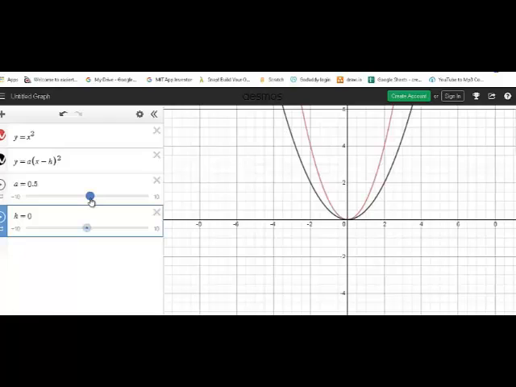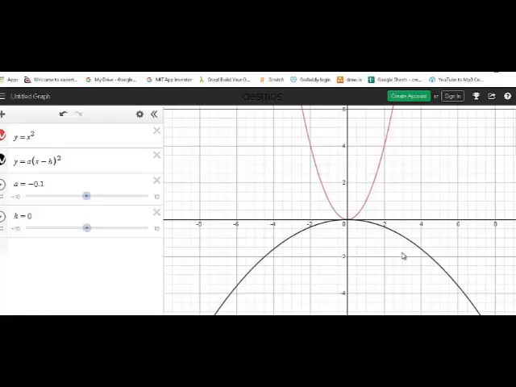If a becomes a negative number, you can see that it's reflected upon the x-axis, and still the graph of the base function is going to be compressed vertically or stretched horizontally until a value which is less than -1.